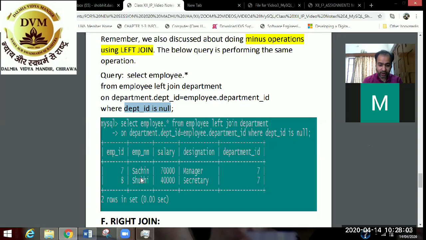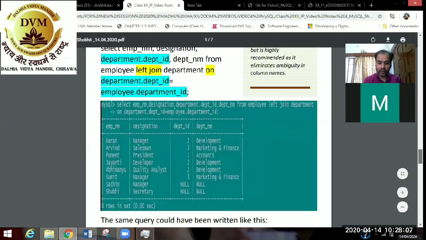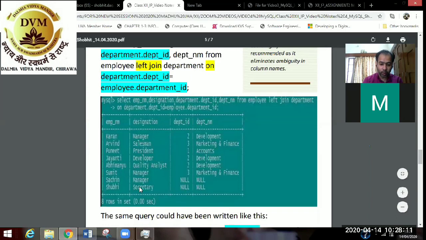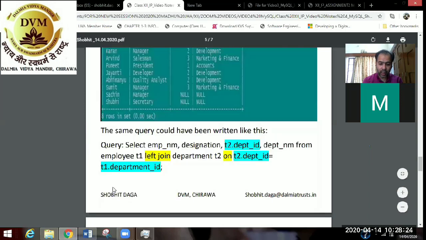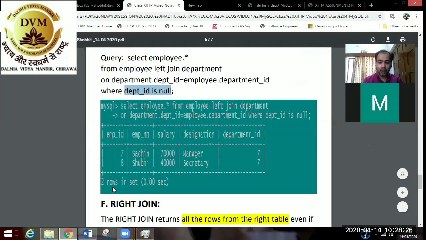As a result, you only have Sachin and Shubhi. As you have already seen before, Sachin and Shubhi were the only rows which had DPT ID, sorry, of the department table as nulls. Hence, only Sachin and Shubhi are shown in the output when you place a DPT ID is null condition over here.